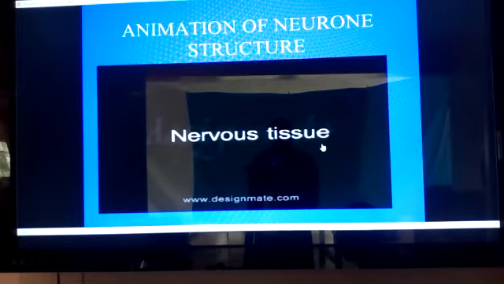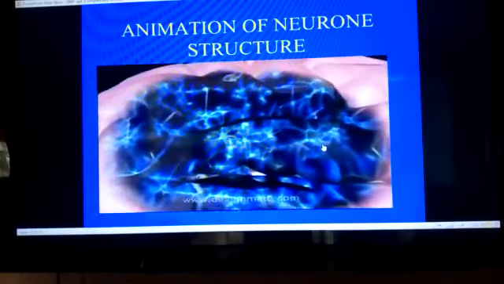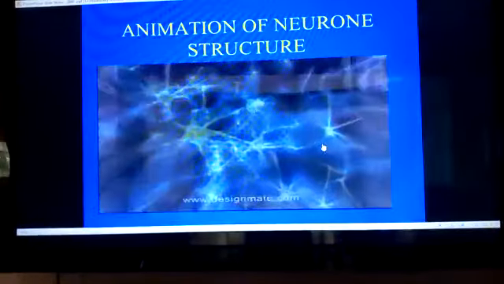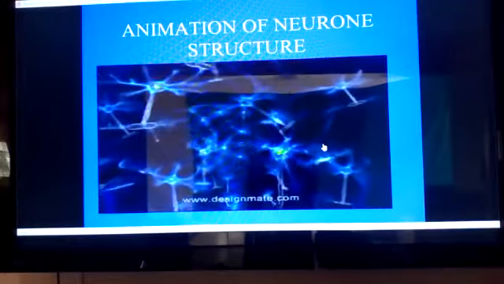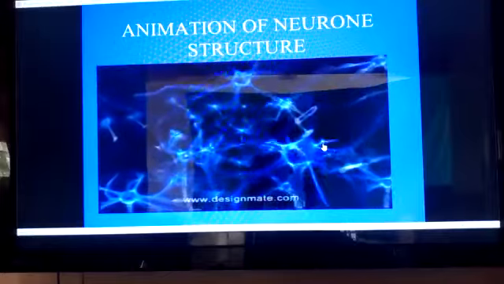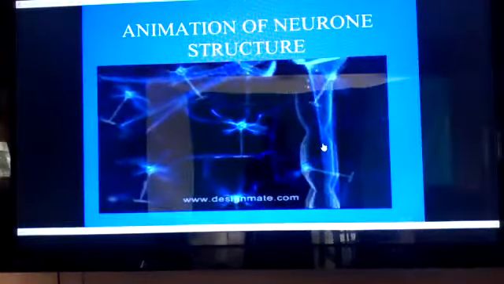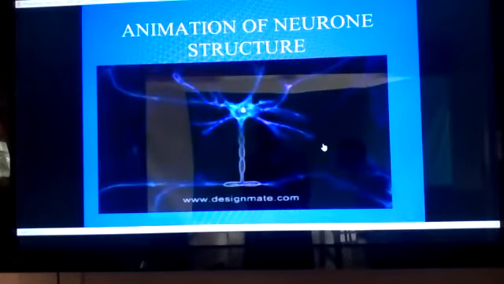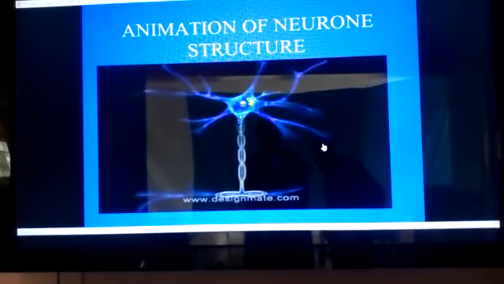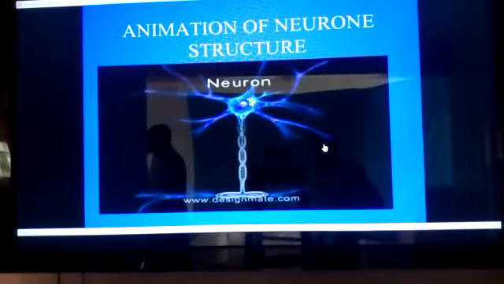Nervous tissue. Structure of the neuron. The neuron is the nerve cell with all its processes.